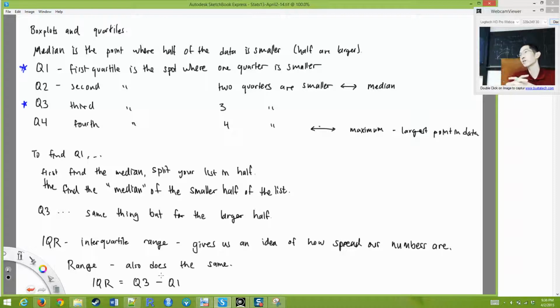You can think of like half of the population is in the middle, and the IQR tells you the difference between the larger of that half and the smaller of that half. Okay, the middle 50%. Whereas the range is everybody, and you take the difference between the very biggest point and the very smallest point, and you get an idea of that.